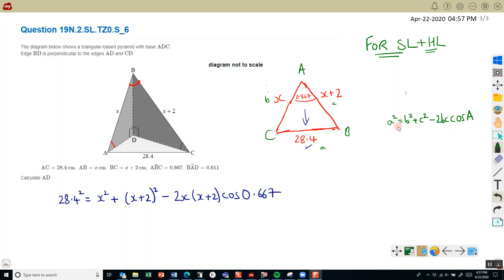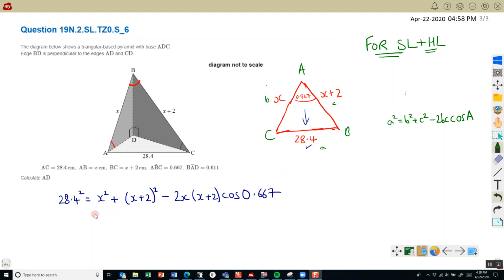This is my cosine rule, taken straight from the formula booklet, and this is how it applies if I label the sides. It's labeled differently, but it's the same principle. I've got a squared, 28.4, is equal to b squared, which is x squared, plus c squared, which is (x plus 2) squared, minus 2bc, so the two sides x and x plus 2, times cos of the angle in between, which is cos of 0.667.